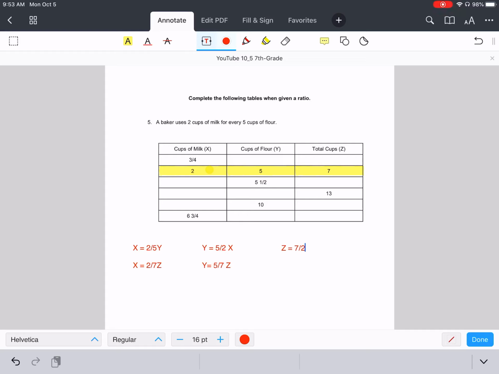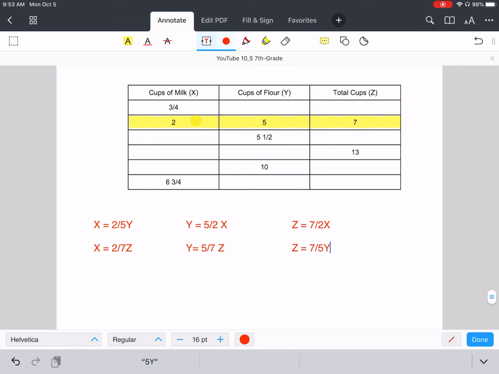So z equals 7 over 2 times x, and z equals 7, and y equals 5. So z equals 7 over 5 times y. And using these formulas, we're going to be able to find every single missing row.